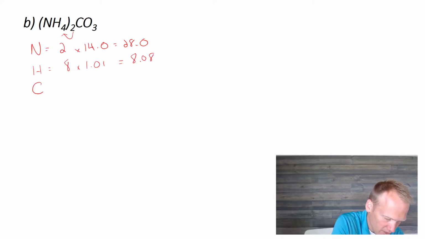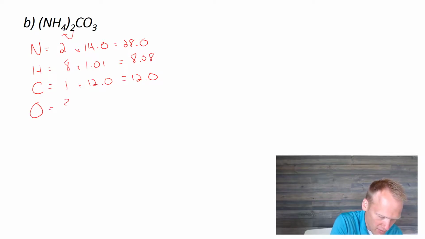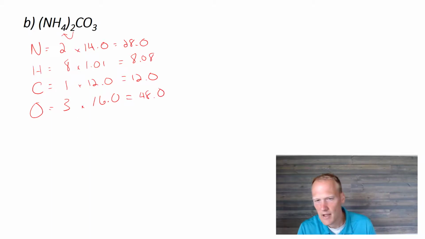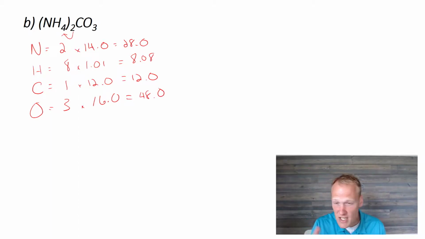We have carbon. There's one of them, and it's 12.0. And we have oxygen, and there are three of them, which is 16.0 each, which is 48. So here we've already done the 4 different parts in like 30 seconds, maybe 45.